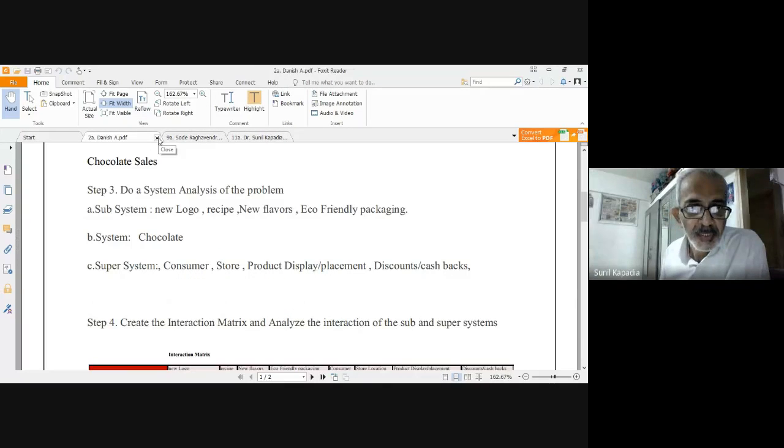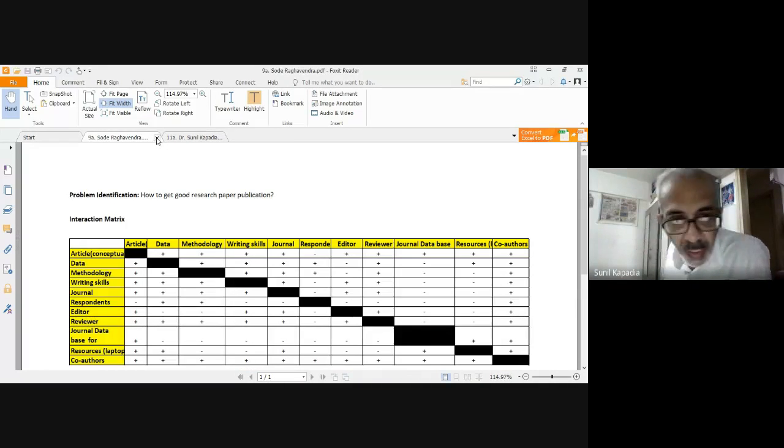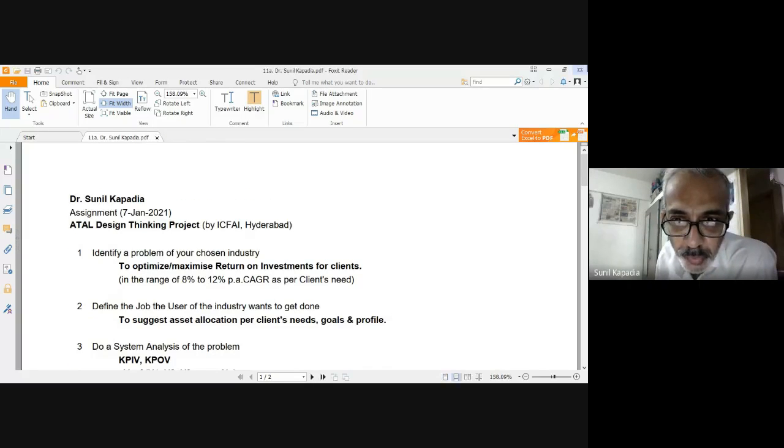So, first of all, thank you to Dr. Bhaskar Rao, Mr. Shantan Mukherjee, and the ICFAI and the entire ATAL team for providing this opportunity. Of course, I have identified a problem, but it is both defining and identifying.